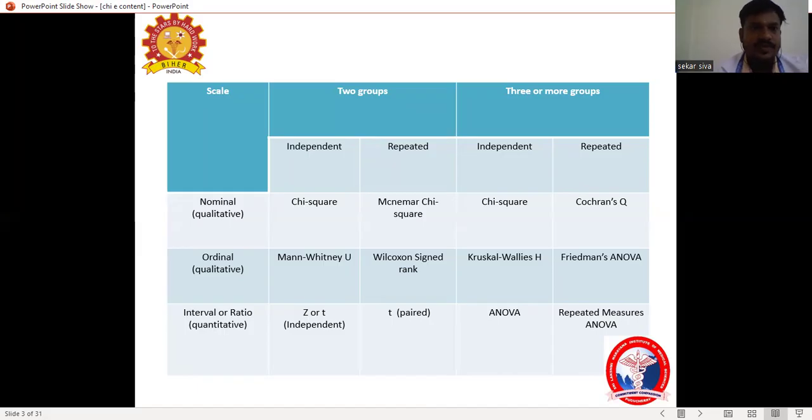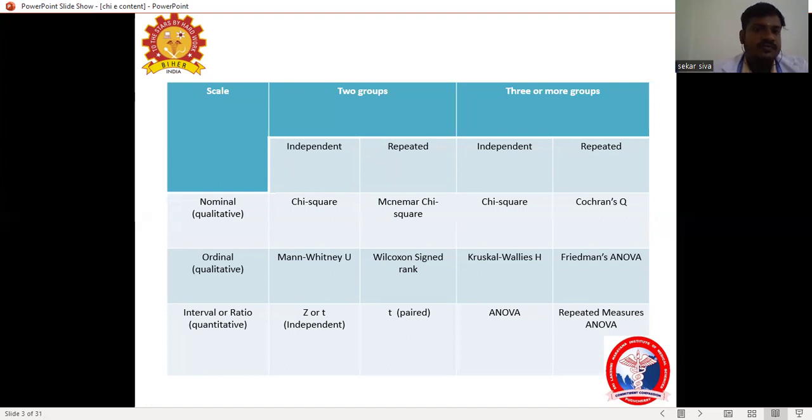Q test. If it is ordinal data for independent two groups, we can go with the Mann-Whitney U test. If it is repeated measures, which means paired differences, we can go with the Wilcoxon signed rank test. If it is more than two groups and independent, we can go with the Kruskal-Wallis H test.